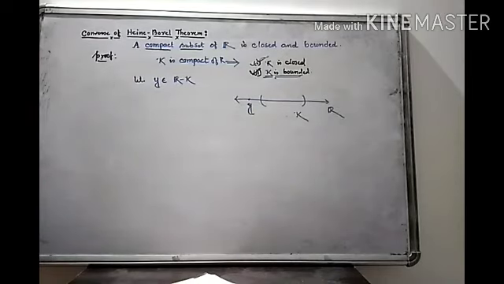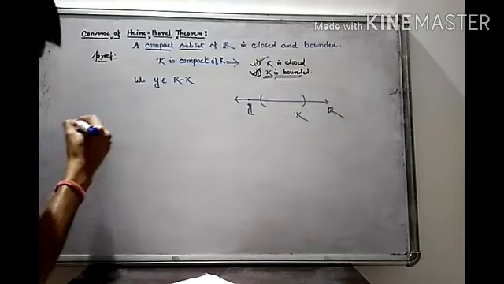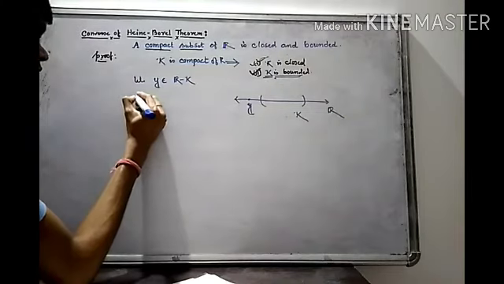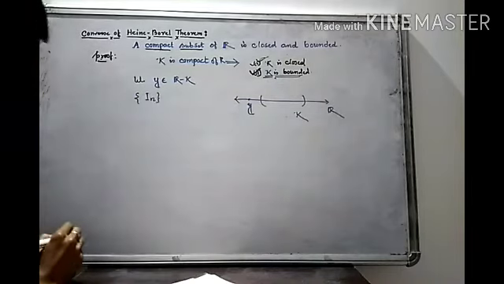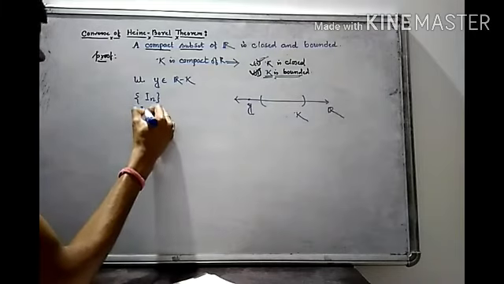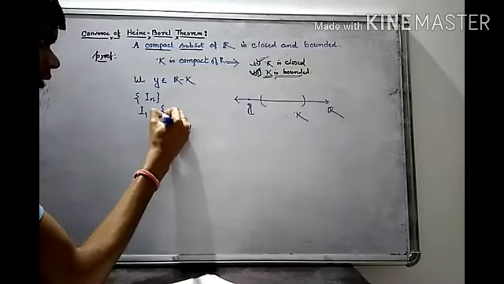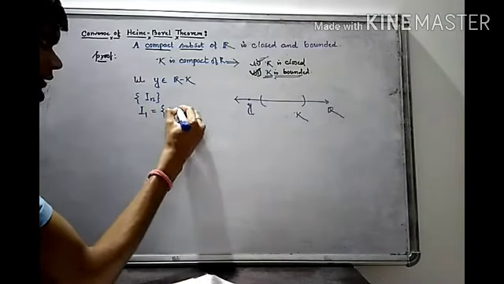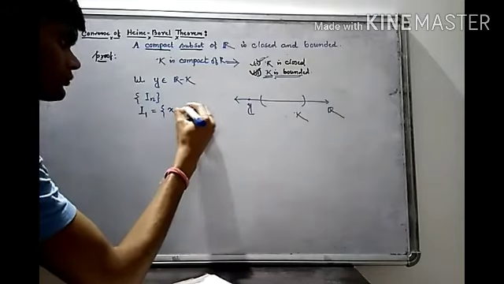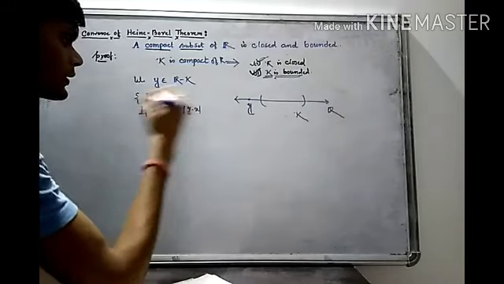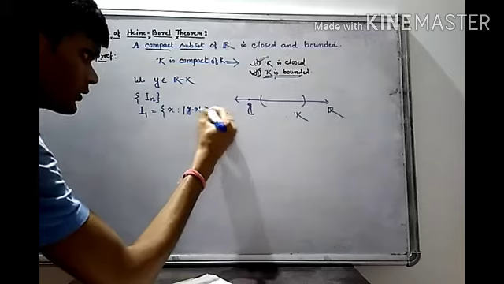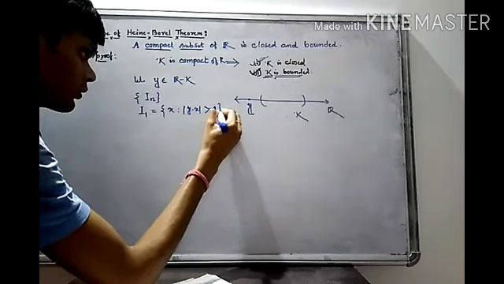Okay, and we are constructing a collection of open sets, or a sequence. How? Look at the construction. I1 is the set of all x such that mod of y minus x is strictly greater than 1.